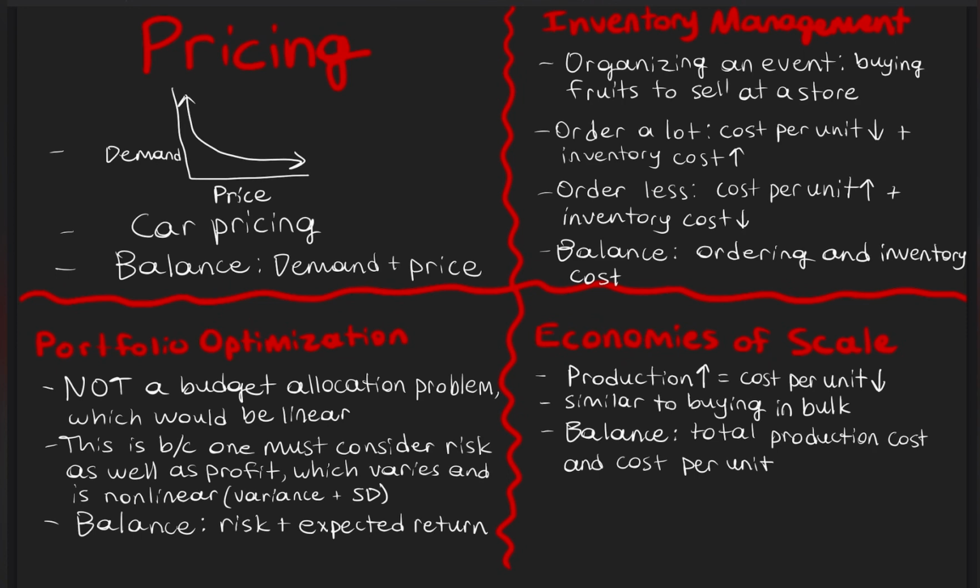This is similar to buying in bulk, because when you buy in bulk, the cost per unit decreases as you buy more of them. It's a similar concept, because instead of the amount you're going to buy increasing, the production increases. In an economy of scale, we're trying to balance total production cost and the cost per unit to maximize profits.